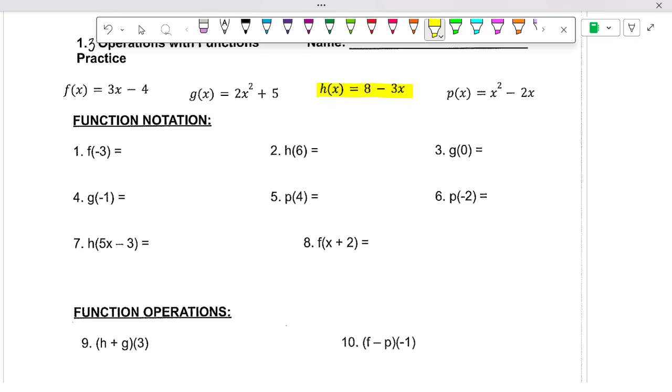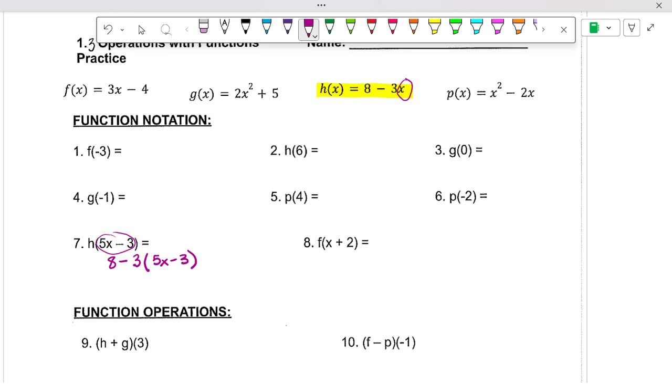We're going to take the 5x minus 3 and plug that in for x. So what it would look like is 8 minus 3 times, so we're replacing the x with the 5x minus 3. All right. Then you just distribute, combine like terms, and that's it.